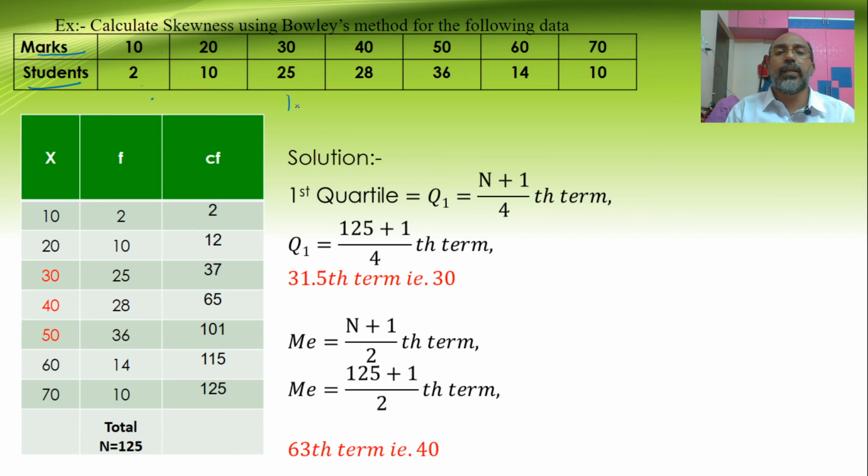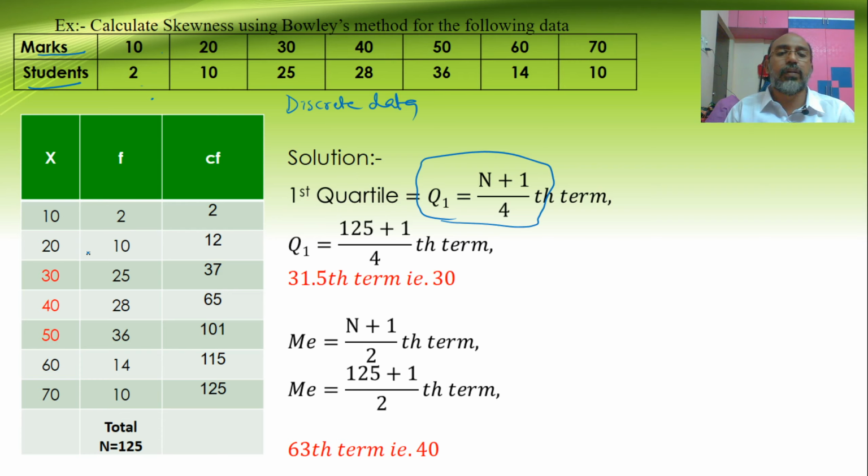This is called a discrete data set. For that also exactly the same formula is used, as for individual data, because it is only identifying the term and the x value.